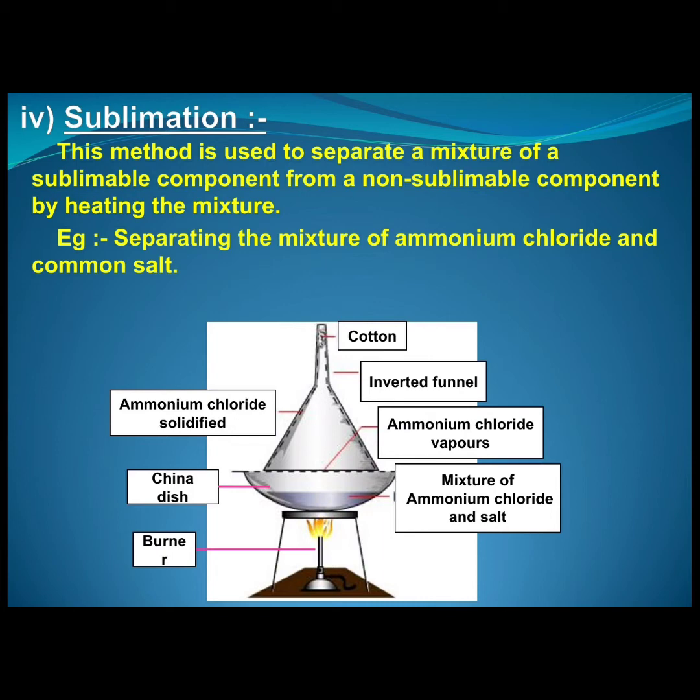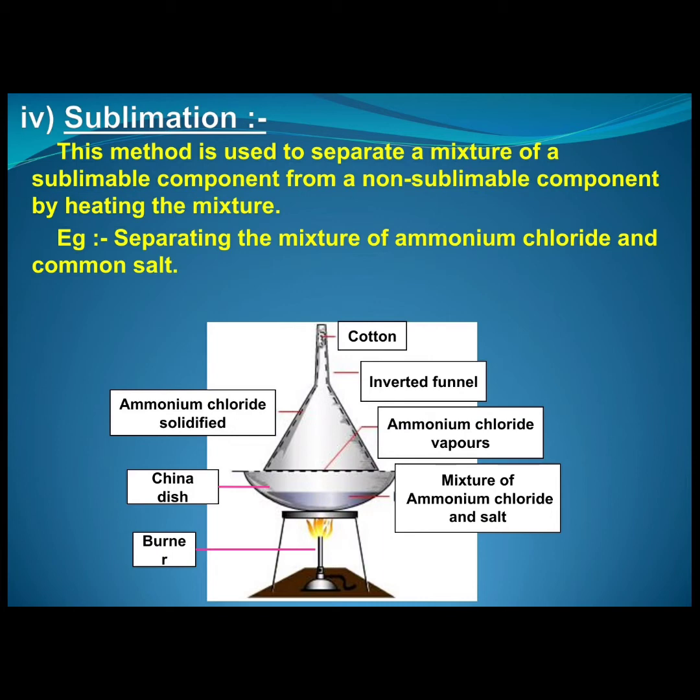Sublimation is a method which is used to separate a mixture of a sublimable component from a non-sublimable component by heating the mixture. In first chapter we have studied what is sublimation. Sublimation means solids getting converted into gaseous state without becoming liquid. Means the solids are getting converted into gases, and in between they are not becoming liquid.